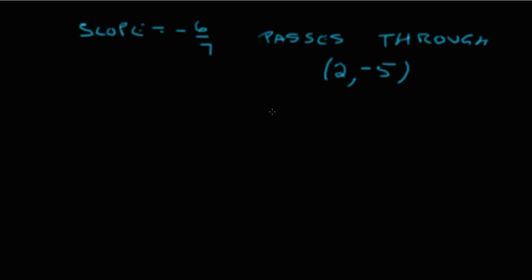Well, in this case, since they want it in point slope form, all we have to do is go back to our point slope equation, which is y minus y1 equals m times x minus x1.